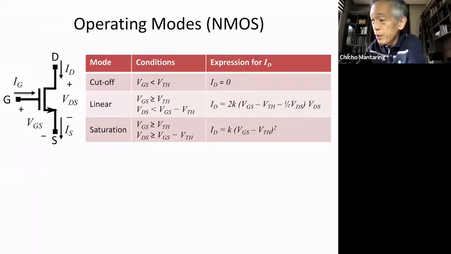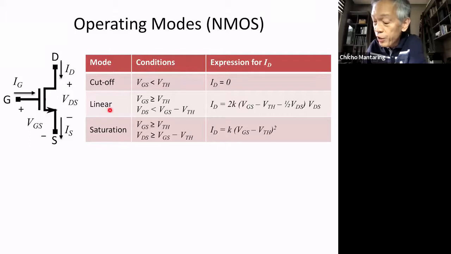So this is just to summarize the operating modes of the MOS transistor. There are actually 3 operating regions. The cutoff: VGS is less than VTH, the threshold voltage, and I sub D is equal to 0.